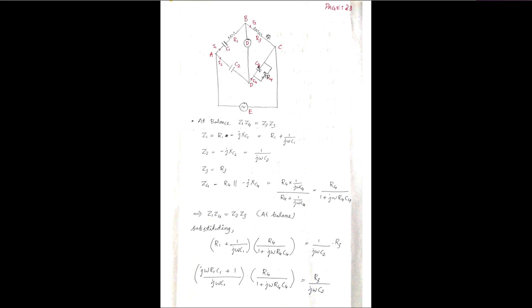Then Z3 is equal to R3. In Z4, R4 is parallel to minus j XC4; solving, we get R4 divided by 1 plus j omega R4 C4. So these are the four impedances.